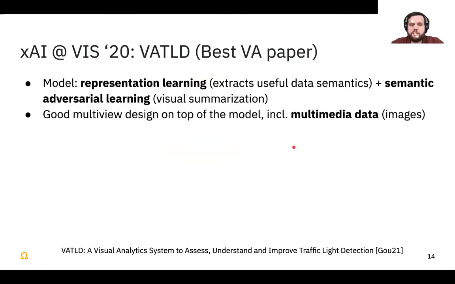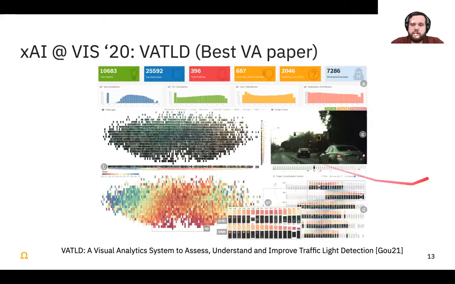So the model here is representation learning plus semantic adversarial learning, visual summarization, and as we see, there's some nice multi-view design on top of the model, including multimedia data.